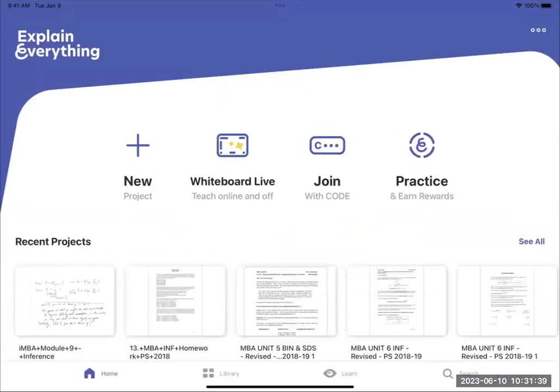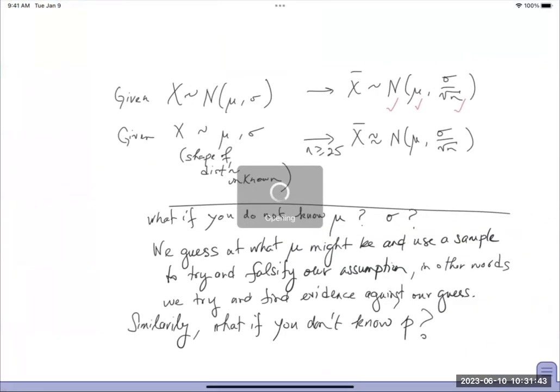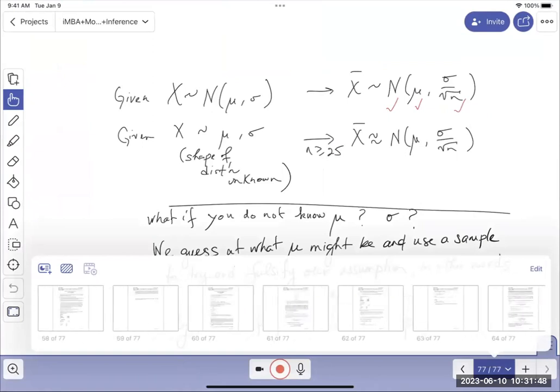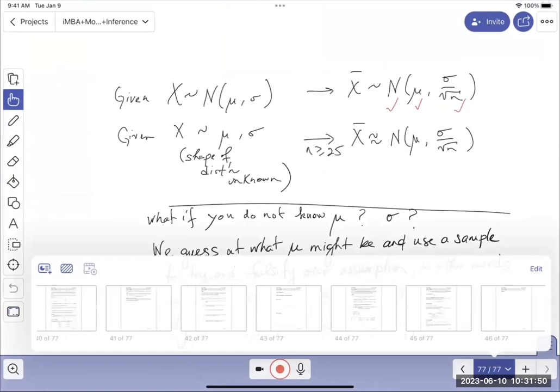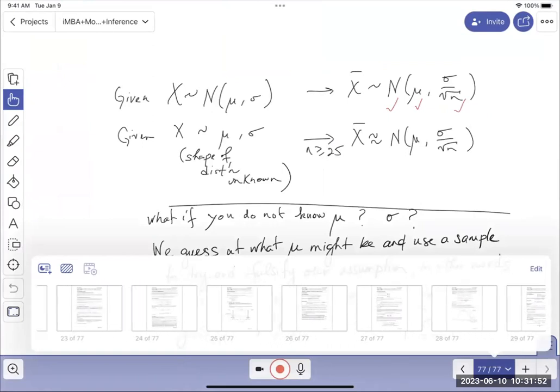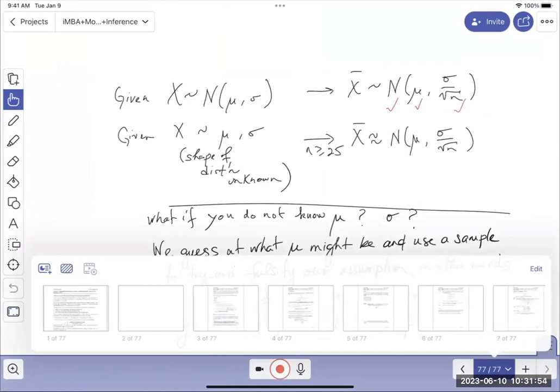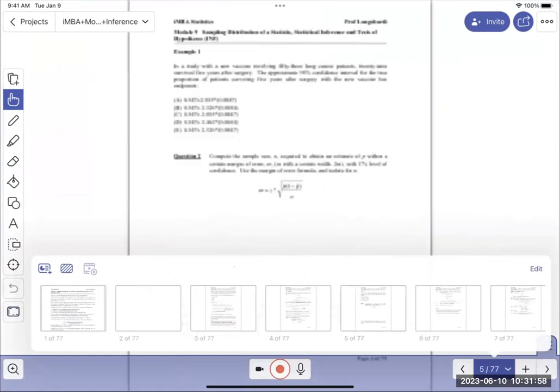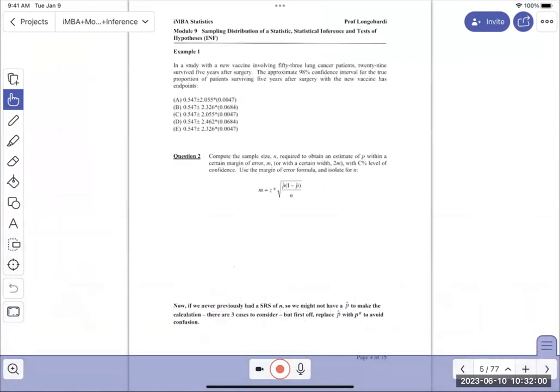I don't know where it went. Where to go? This is the one. That's where I want to start.